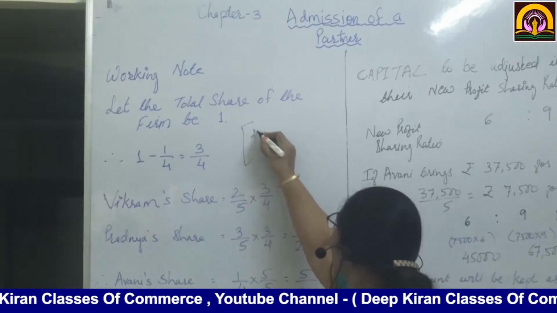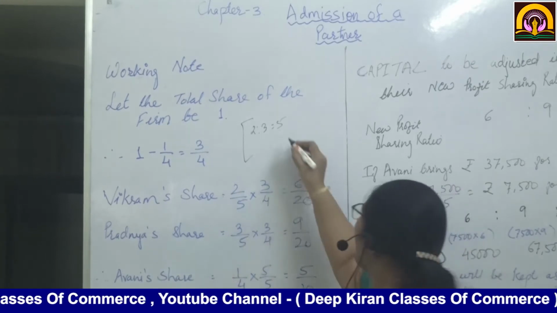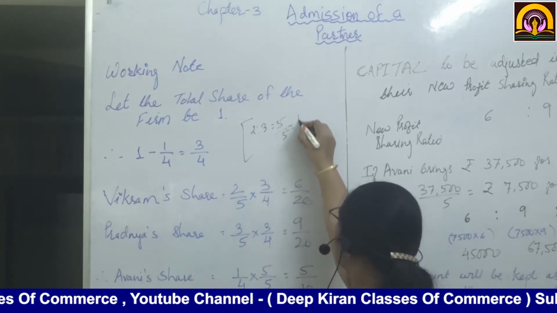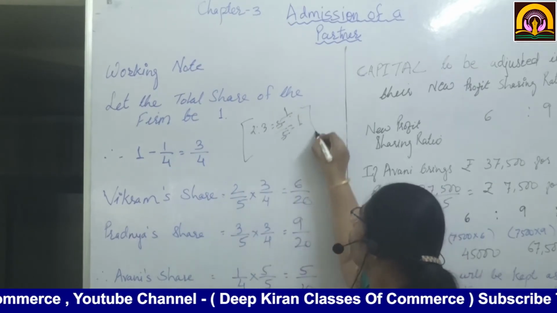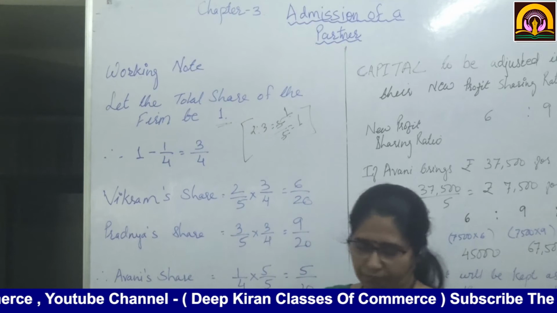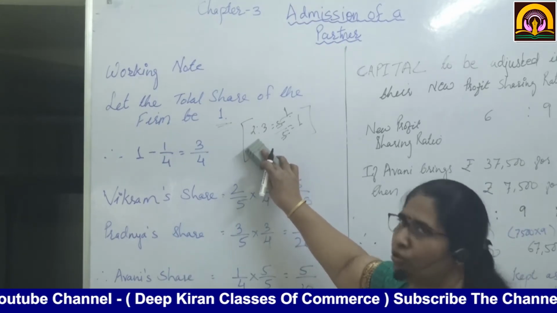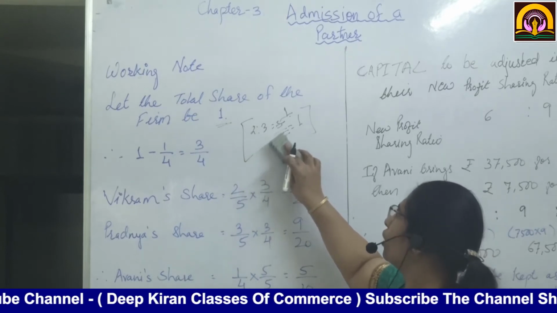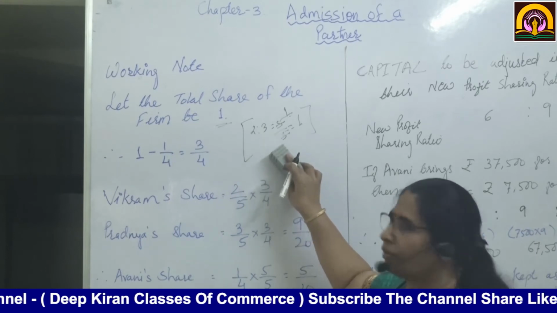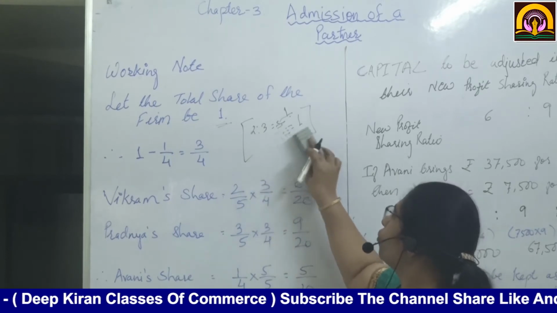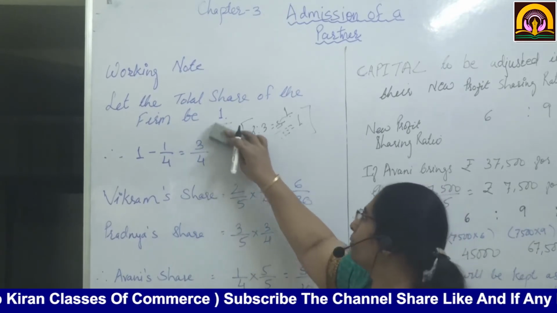See, 2:3, the total is 5. Vikram 2, Pradnya 3, total is 5. 5 upon 5, because the addition is 5, is equal to 1. That is why we take here, let the total share be 1.